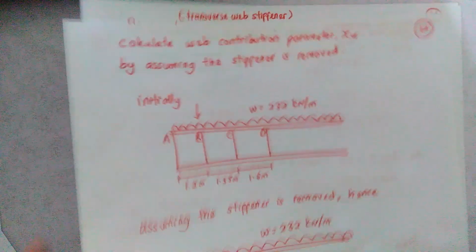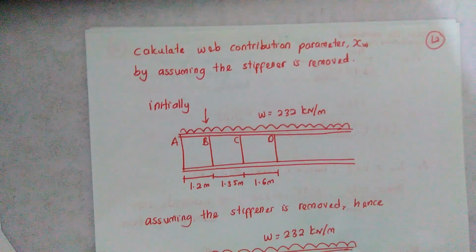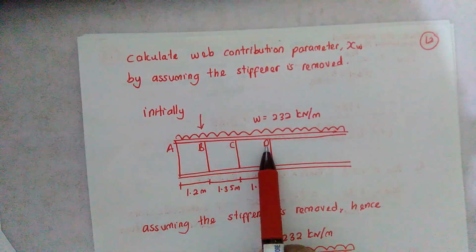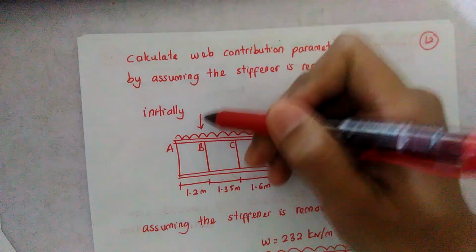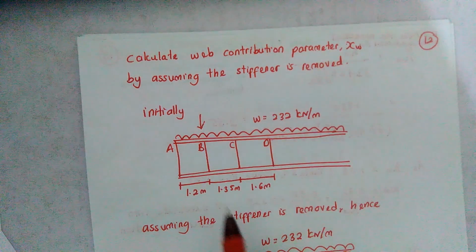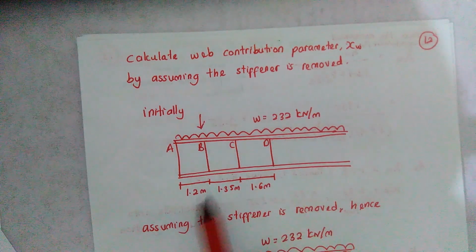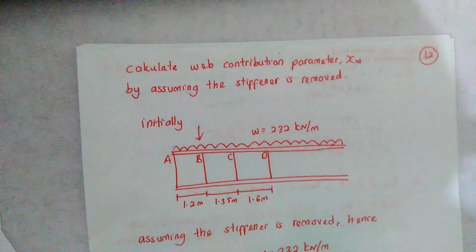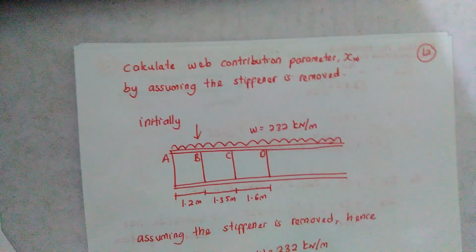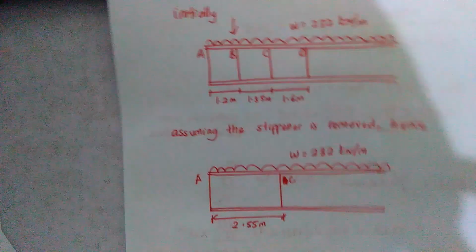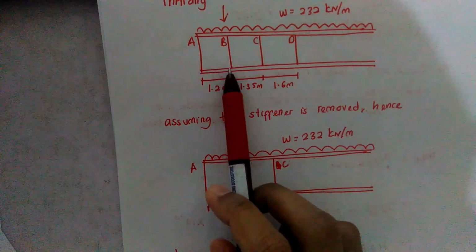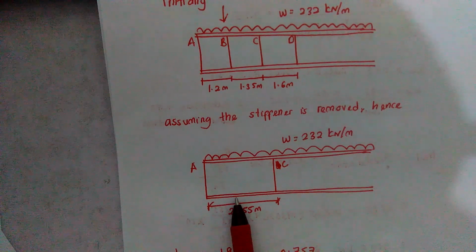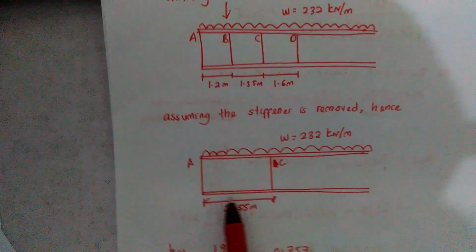If you look here, here are the panels that we designed, where we have A, B, C, and D. So these are the panels that we are designing now. Panel B. As we wanted to calculate the contribution parameter by assuming the absence of the stiffener, we need to take out, remove panel B, the one that we are designing now.